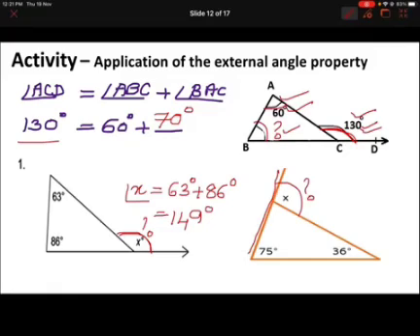So what is the measure of this? Very simple, 75 degrees plus the other opposite interior angle. That is 6 plus 5 is 11, 111 degrees. Clear? So this is how you find the measure of any of the missing angles using the exterior angle property. So I hope you understood that property that we just discussed.